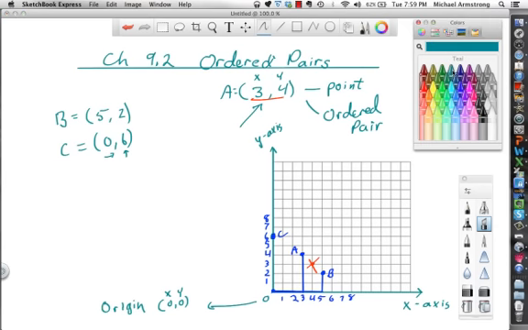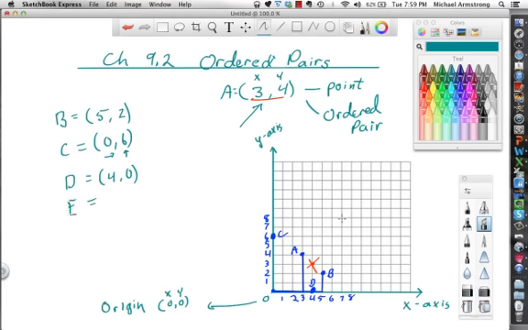If I write it the other direction and say maybe we have something like 4, 0, putting the number first and the 0 second. I guess 0 is a number too, but we go over 4 and we go up 0, so that would be D. And one more. Let's do E. We'll do it backwards.